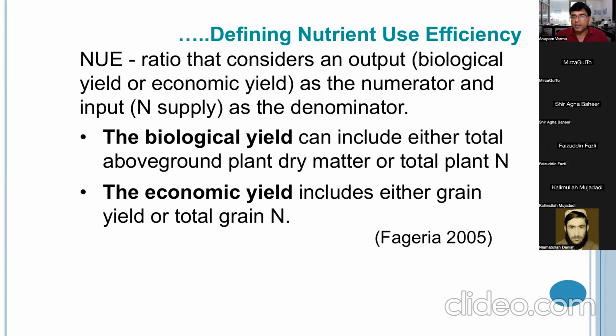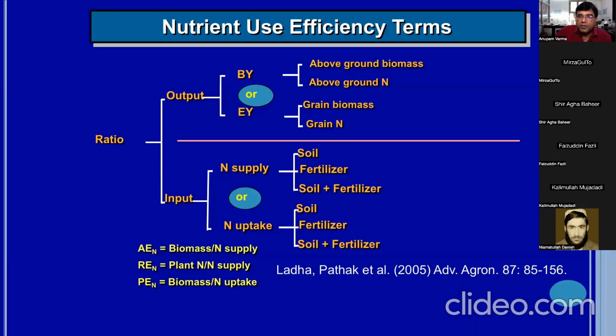The economic yield includes either grain yield or total grain nitrogen, means nitrogen taken up in grain, or economic yield. So this is with respect to defining the nutrient use efficiency. Here you will get more clarity about different kinds of nutrient use efficiency terms.